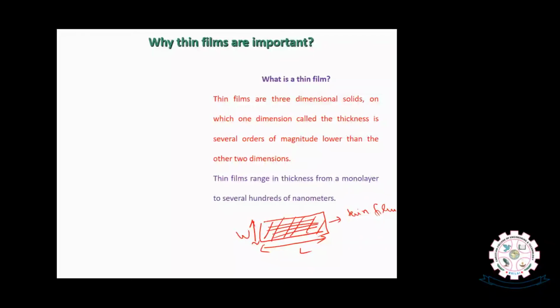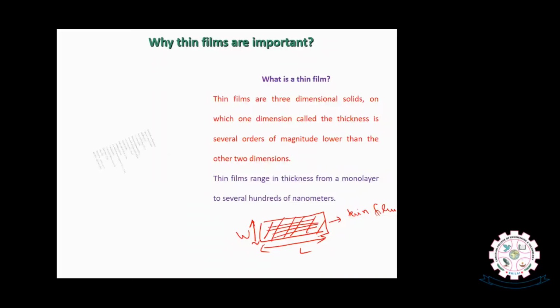At least we need a couple of microns. That is the requirement of each field that we work on. So when I say a thin film or thick film, it all depends on the area of my research. That is what we need to keep in mind.